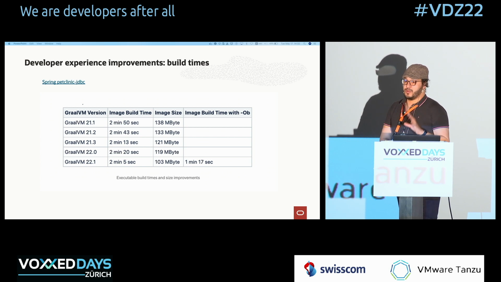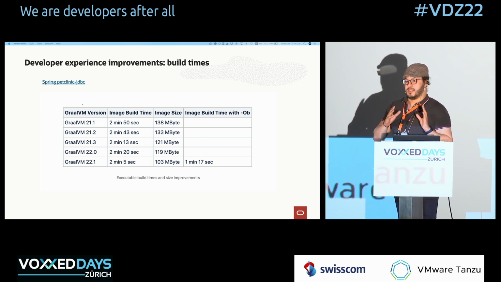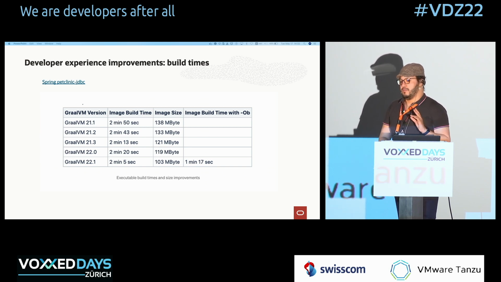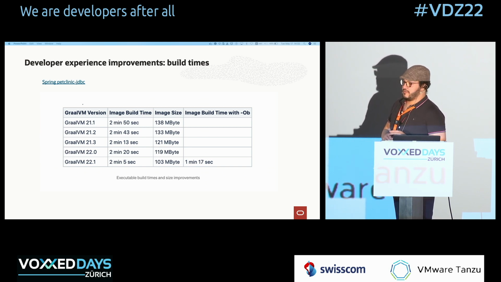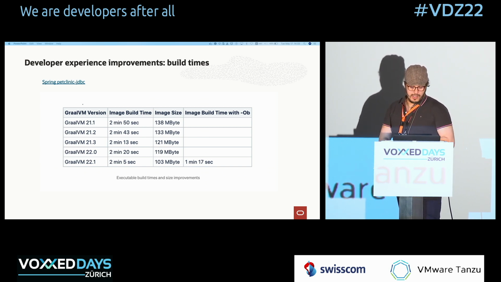Besides the optimization that we do every release to reduce the size of the final binary, there is now a new mode called economy mode, right? It's not for use in production. It's basically for development time. This economy mode will reduce the amount of analysis that happens at build time and produce your binary in almost half the time that you usually require. If you just want to test your application locally, you can use the economy mode.